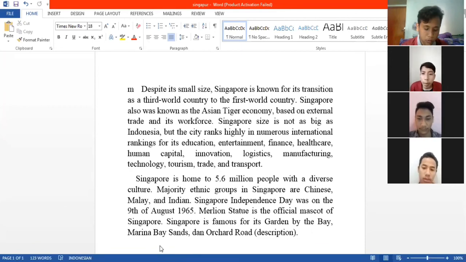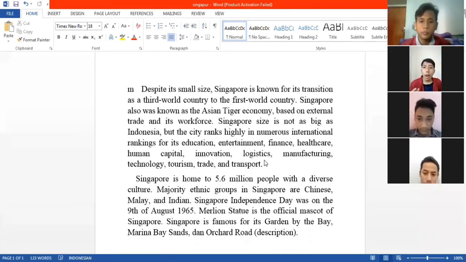Finished, everyone? Yes, sir. Okay. Now moving on with the vocabulary review. We are going to take a look at the adjectives and verbs used in this descriptive text.